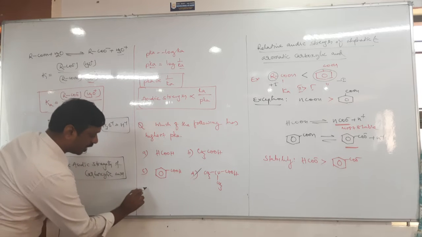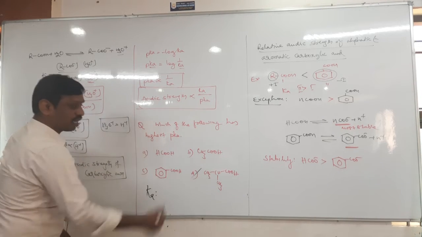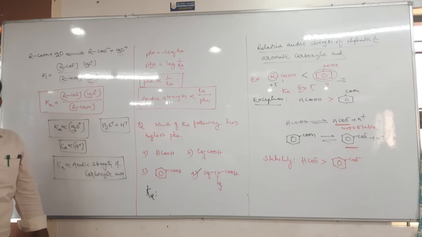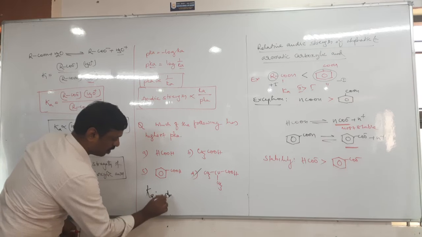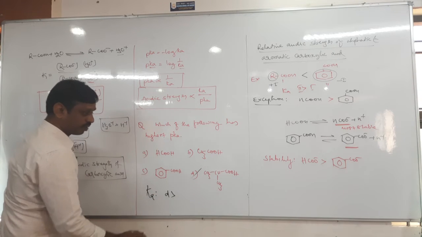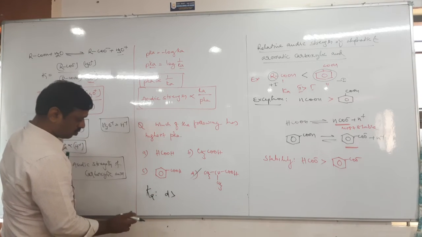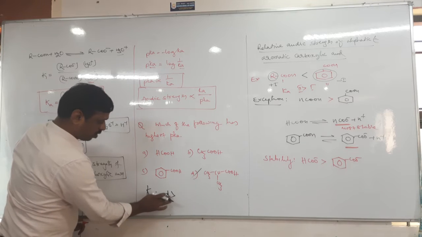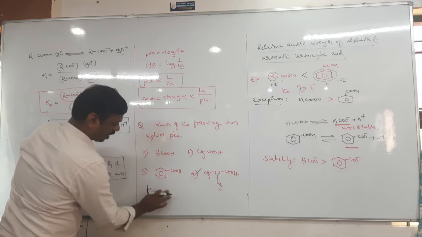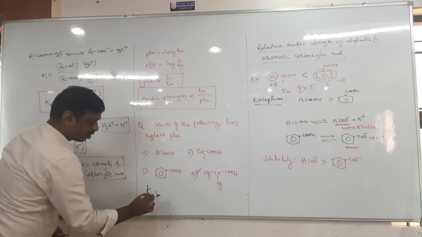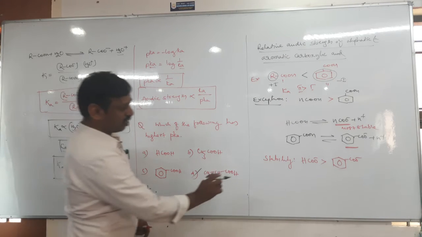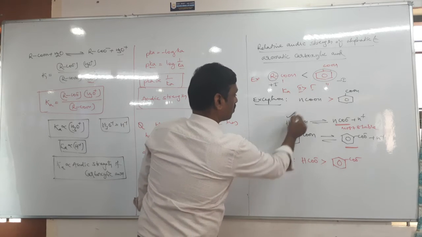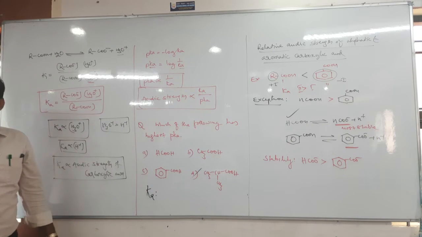Now if I want to arrange these carboxylic acids in the decreasing order of Ka, which one has the highest Ka? Here an exception is written, no. Formic acid is more acidic than benzoic acid.